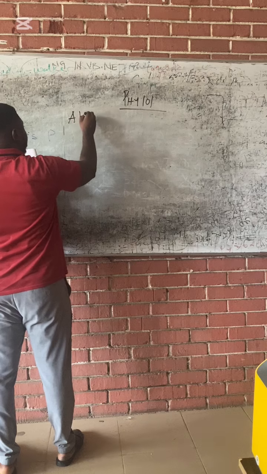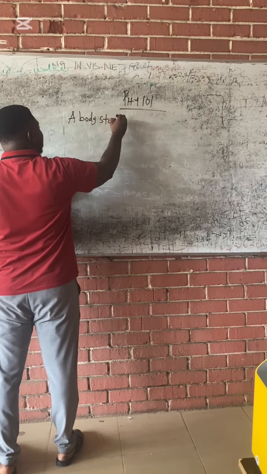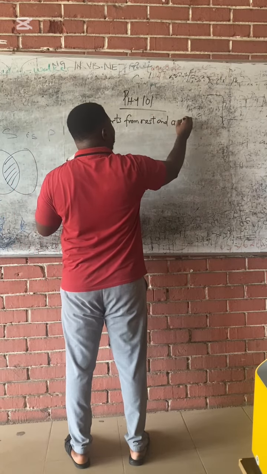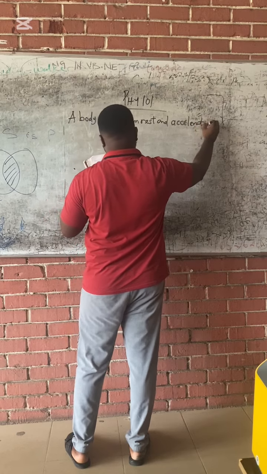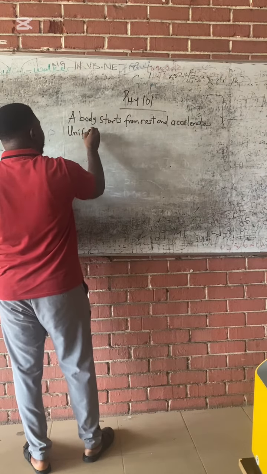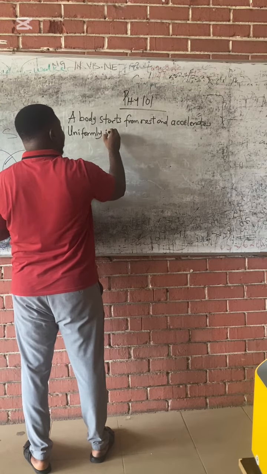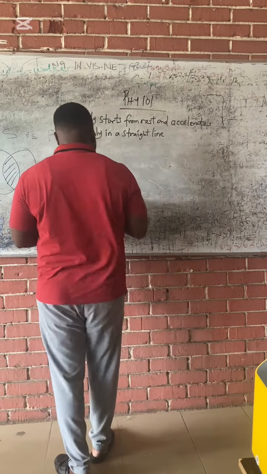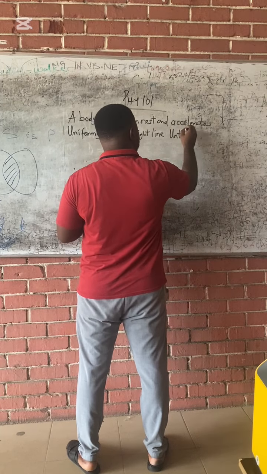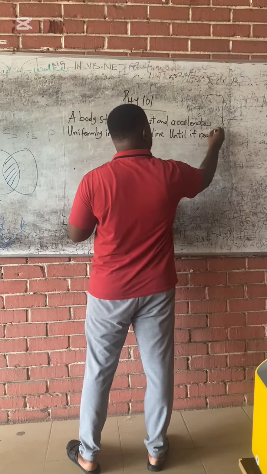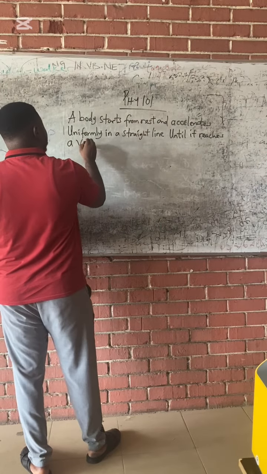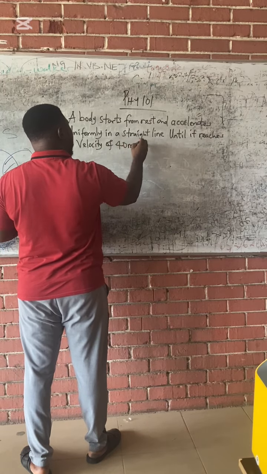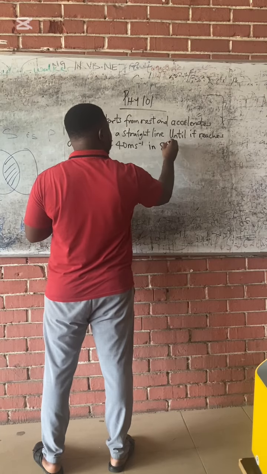A body starts from rest and accelerates uniformly in a straight line until it reaches a velocity of 40 meters per second in 8 seconds.